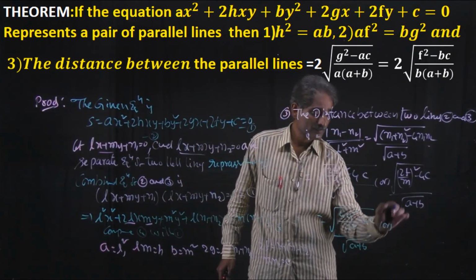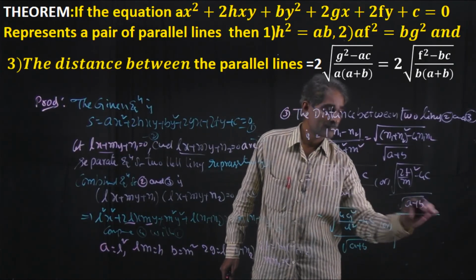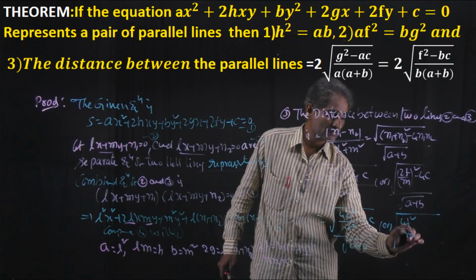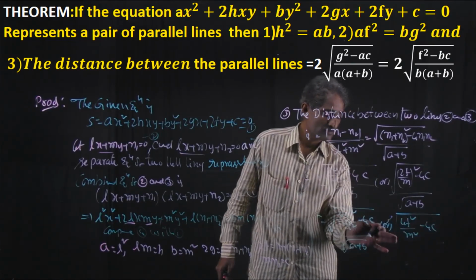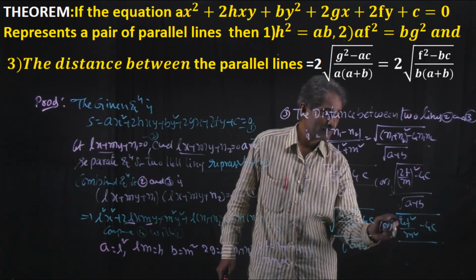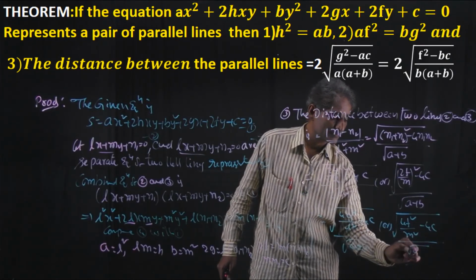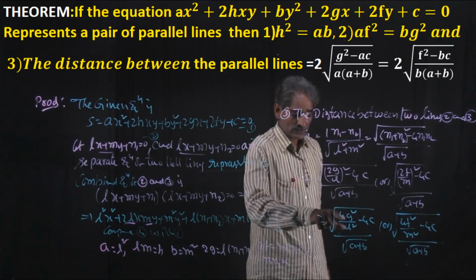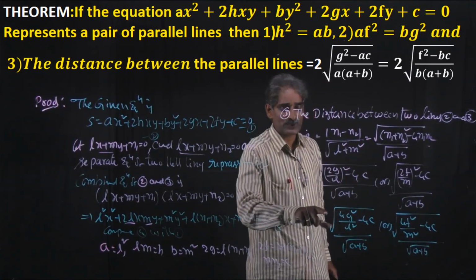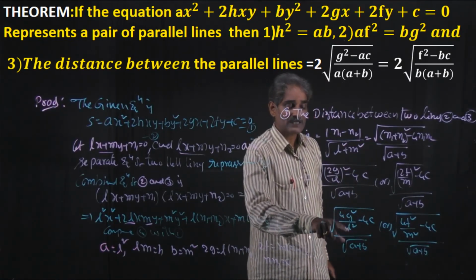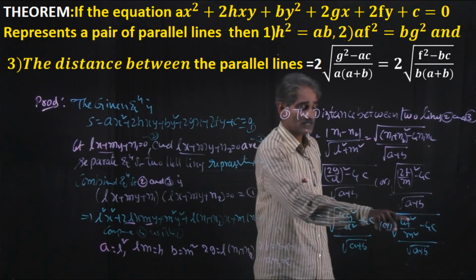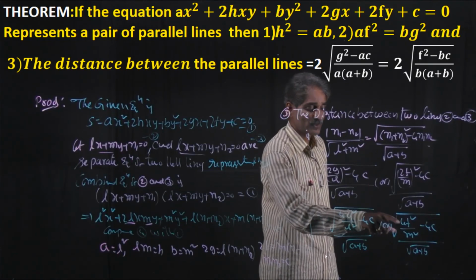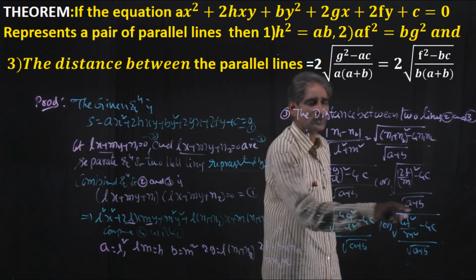or 4f square by m square minus 4c by root a plus b. Just observe that here 4 is common, we can write 2 into something. G square by L square means a. Here also 4 is common, root under 4 means 2 into root of something.